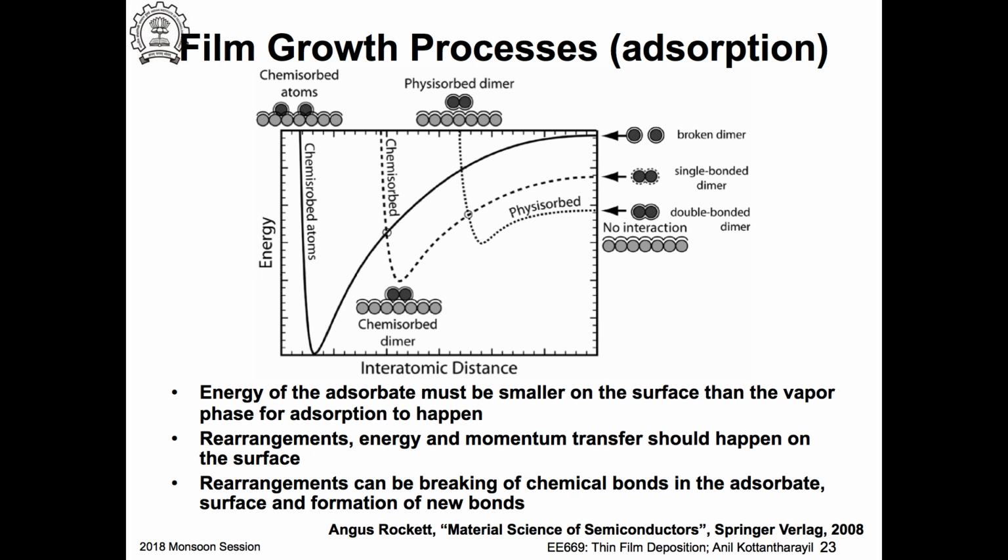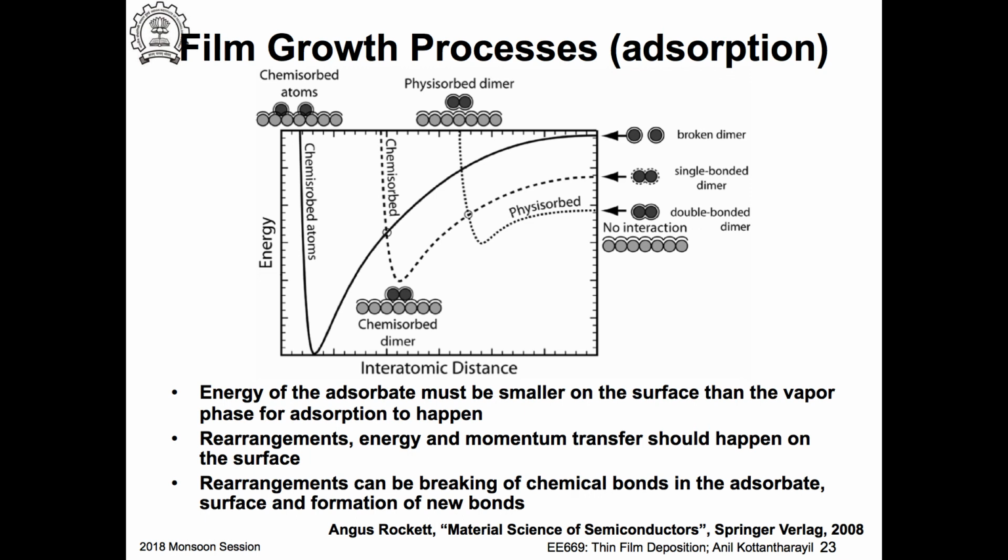In this case, it can be weak van der Waals forces that attach the particles to the surface, which means that if they come closer, then the energy can increase, and this can result in desorption of the particles. Okay, if the energy on the surface is higher than the energy away from the surface, the particles tend to desorb from the surface. Okay.